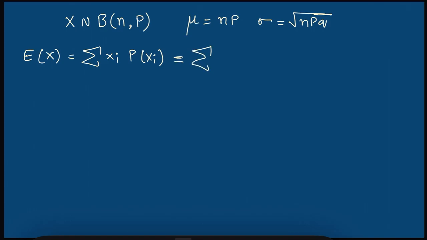And what is the formula for the p of xi? It's nC xi, then p to the power xi, and q to the power n minus xi. Okay, so this is the formula.